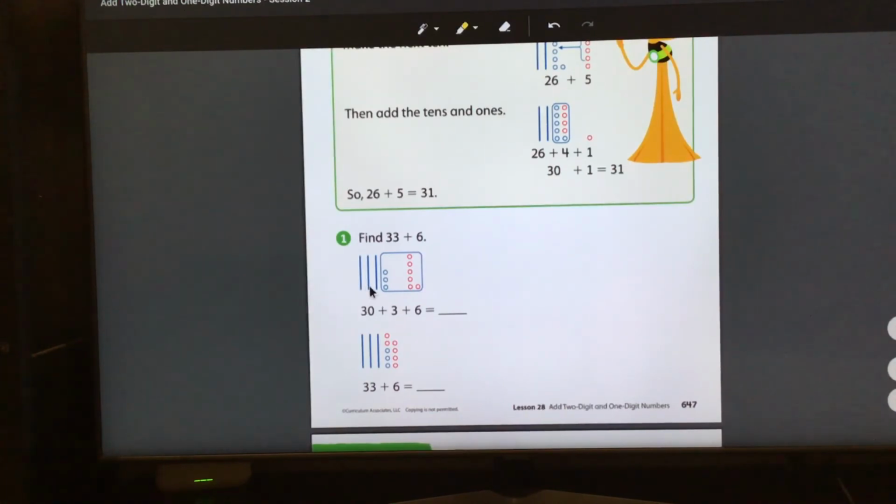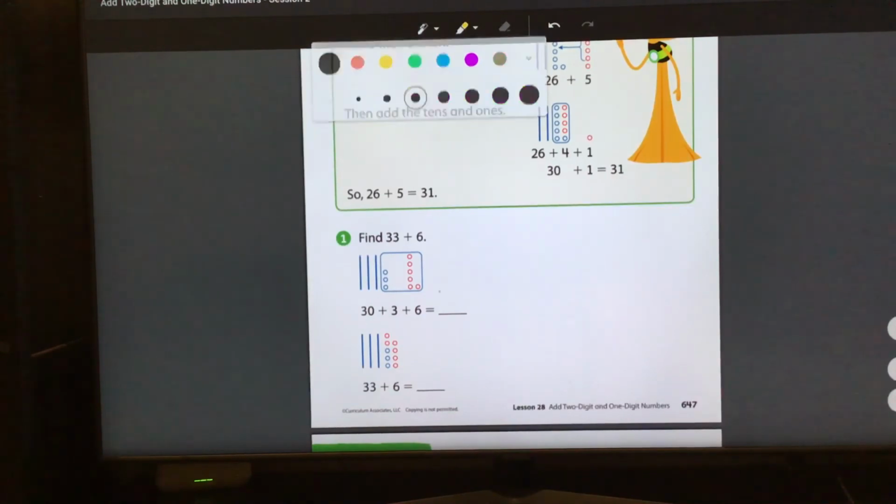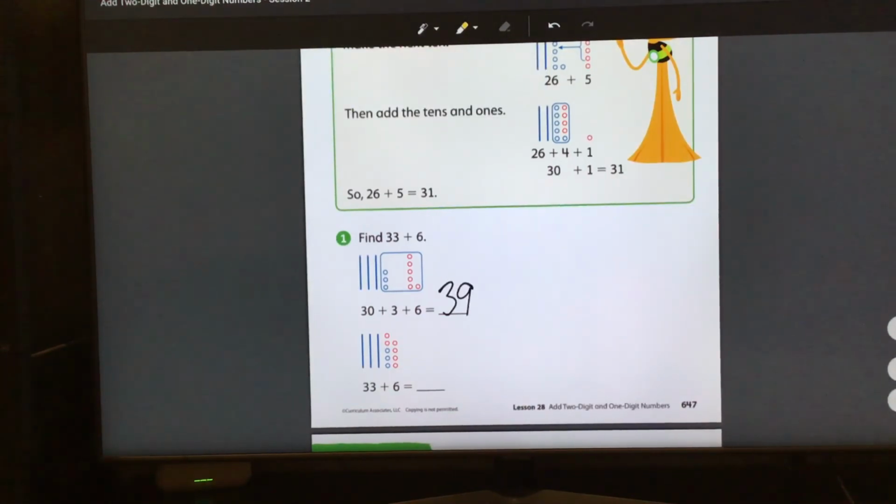So 10, 20, 30, 31, 32, 33, 34, 35, 36, 37, 38, 39. So 30 plus 3 plus 6 equals, oh, my pen's not working, equals 39. 33 plus 6 equals 10, 20, 30, 31, 32, 33, 34, 35, 36, 37, 38, 39.